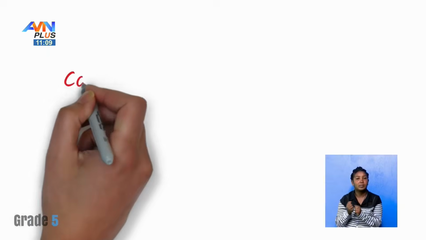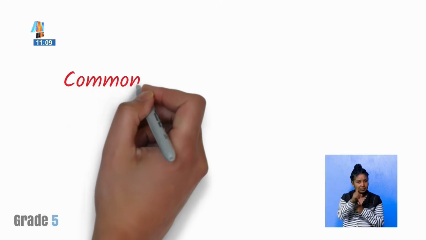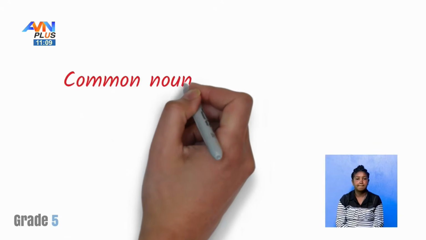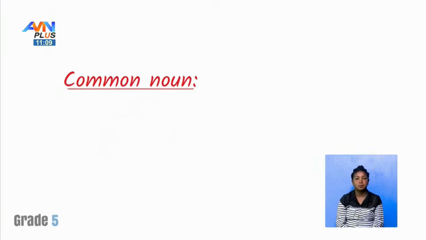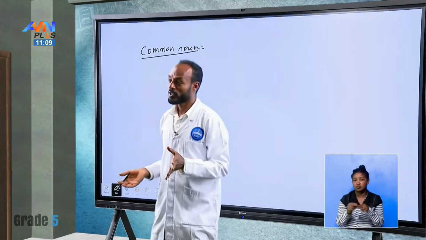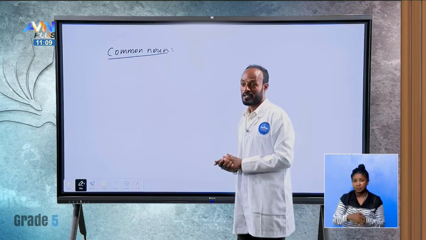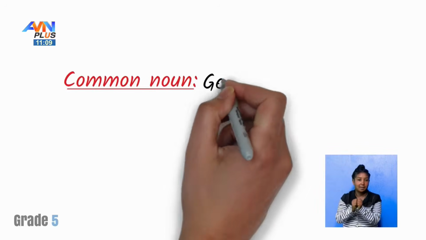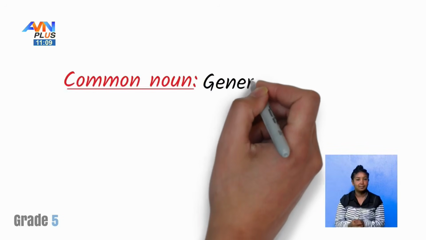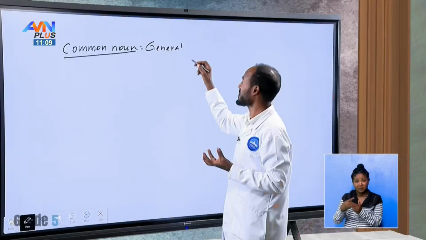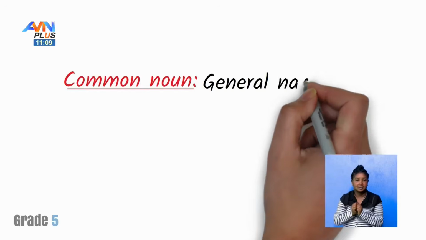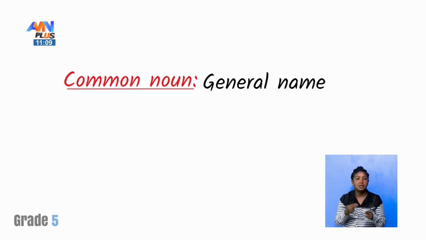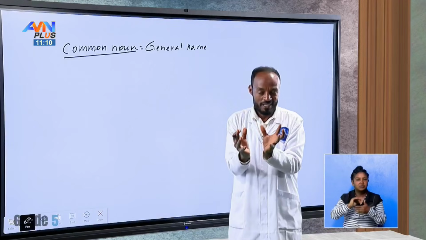Okay, so what about common name, or maybe common noun? Do you know what common noun means? Students, common noun means the general name. The first one is the specific, okay? This one is the general name which is given for something in general, in a place, okay?